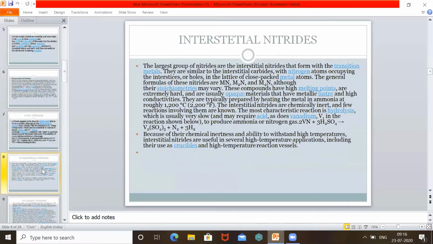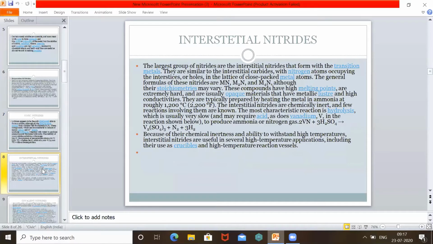Yesterday in the last class I was telling that metals and many substances have some spaces between their atoms. If another element goes and accumulates in those spaces, they are called interstitial. If nitrogen goes and takes the place between the atoms, it is called an interstitial nitride.